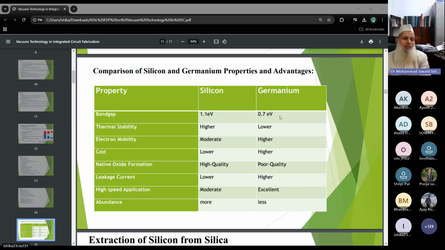In germanium, mobility is high, but thermal stability is very poor. That is why it is not used. And one advantage of silicon over germanium is that silicon dioxide is a very good insulator, and this is very important.